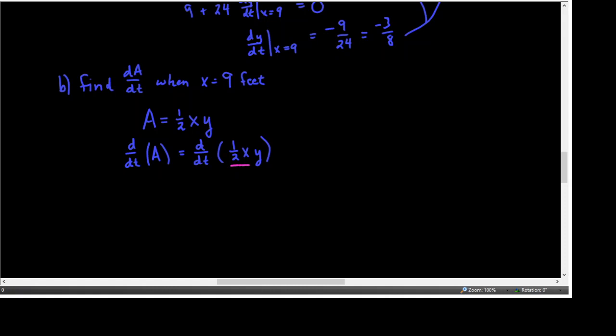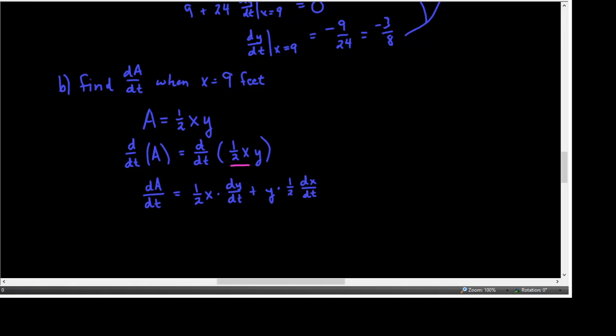The derivative of A with respect to time is simply dA/dt. And on the right, we have a product, so it's going to be first function times the derivative of the second one with respect to time, plus the second one times the derivative of the first. And the derivative of 1/2 of x is 1/2 times the derivative of that variable, dx/dt.